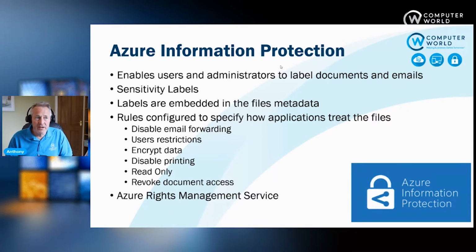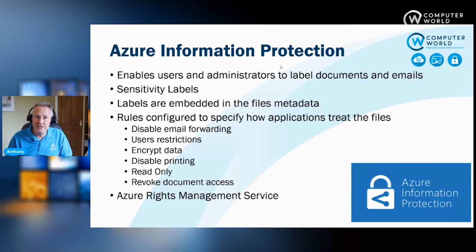And that's where Azure Information Protection comes into play, because what it does is enable us to identify the information within our organization, identify the documents and emails, and give them tags. And these are what Microsoft refer to as sensitivity labels, which identify how important that information is to us and what category that information falls into.